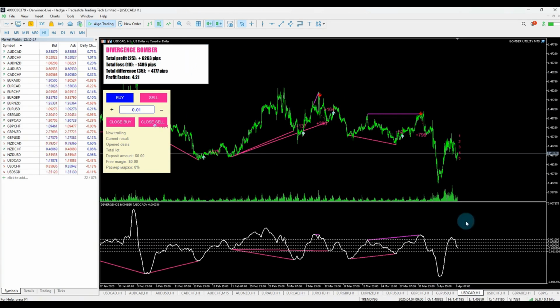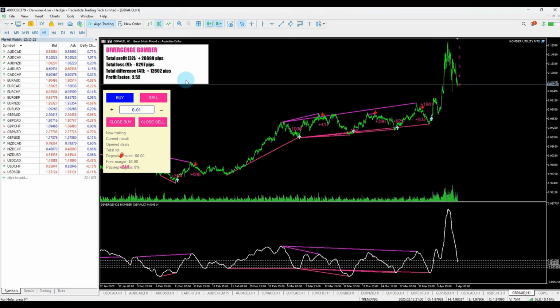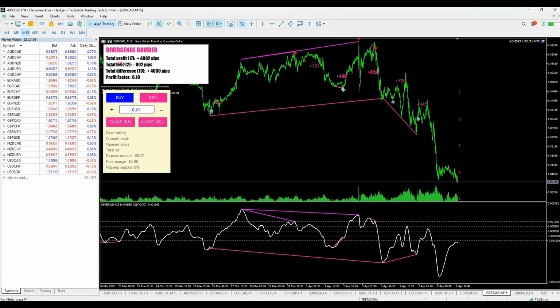In this way, on each currency pair that I switch to, we have positive statistics. For example, the currency pair pound against the Australian dollar. You can see that here we would have gained 12,600 pips. Switching to the pound against the Canadian dollar, 4,000 pips.